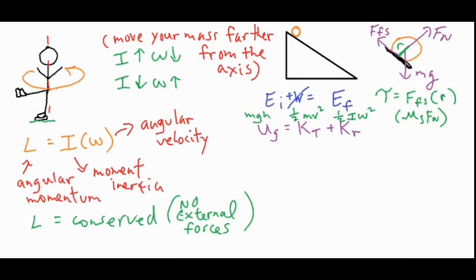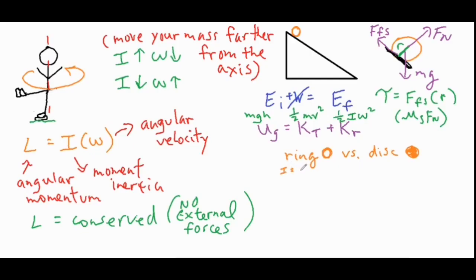Now, if you're comparing different things that roll down the ramp, one of the classic cases would be a ring versus a disk. Our ring has all of its mass distributed as far from the axis of rotation as possible, and the disk has its mass evenly distributed.